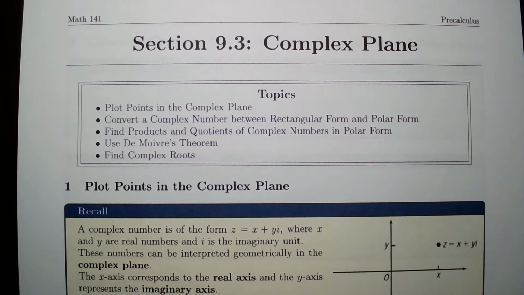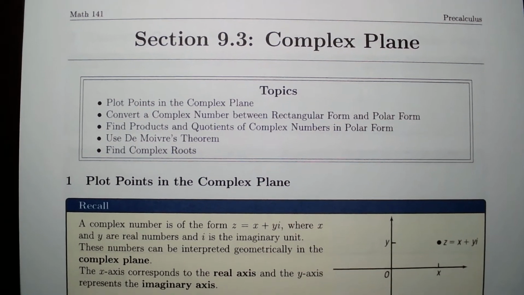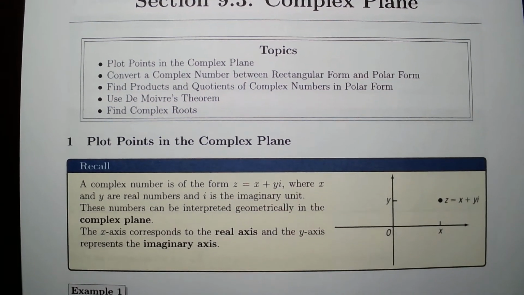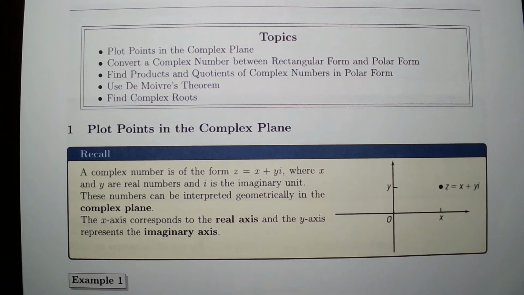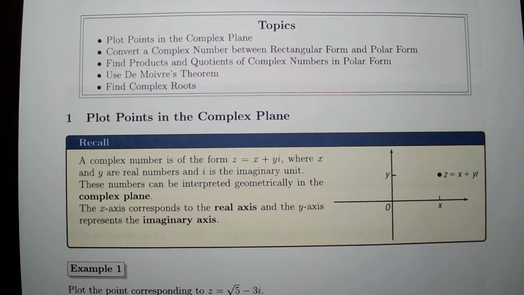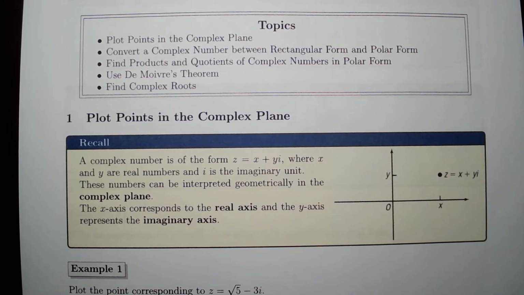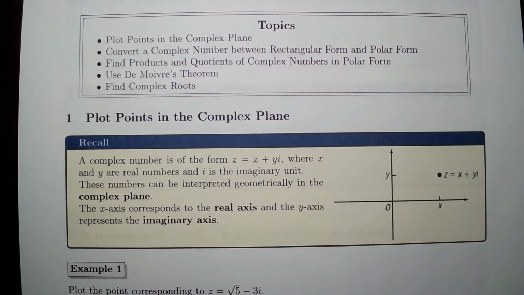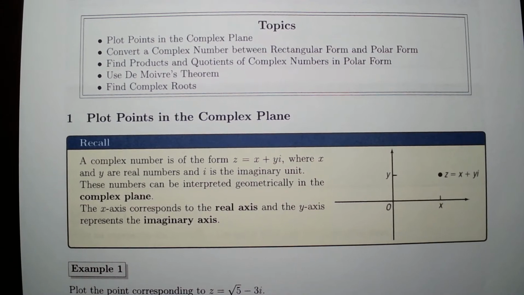Alright, so in this video we go over section 9.3, the complex plane. In this section we are going to plot points in the complex plane and then convert complex numbers into rectangular form, polar form, and also exponential form.